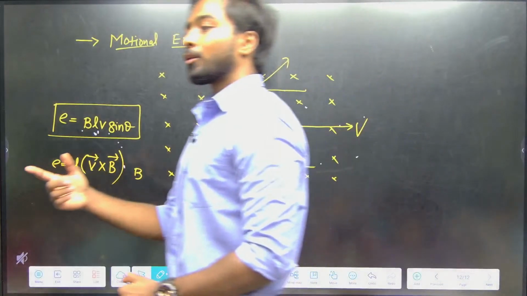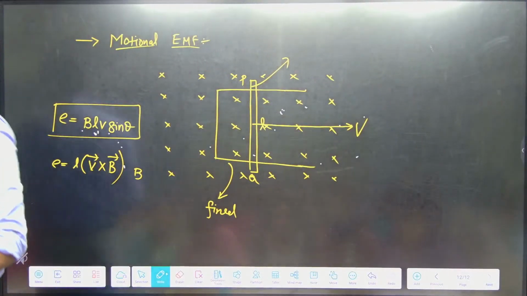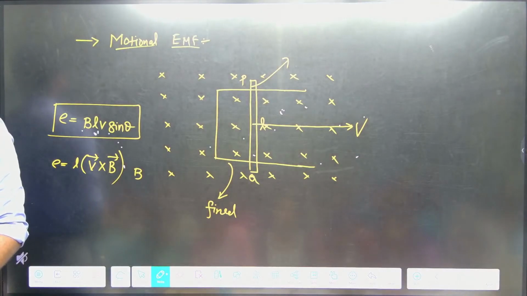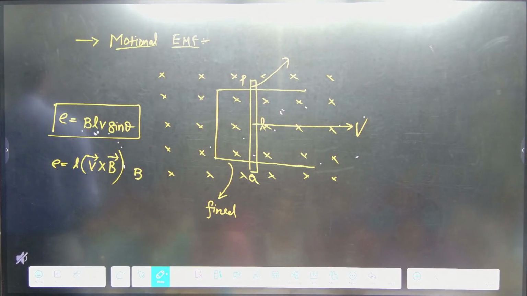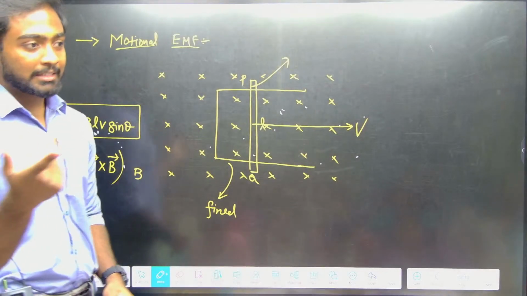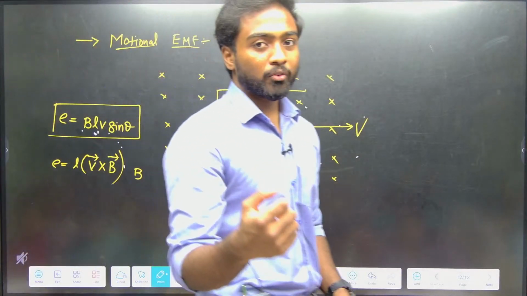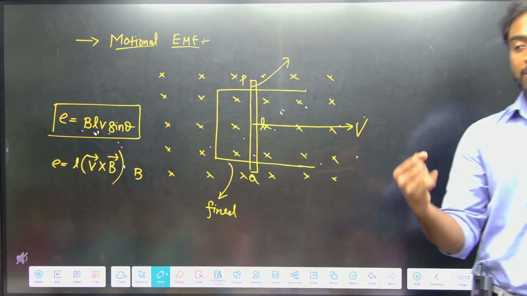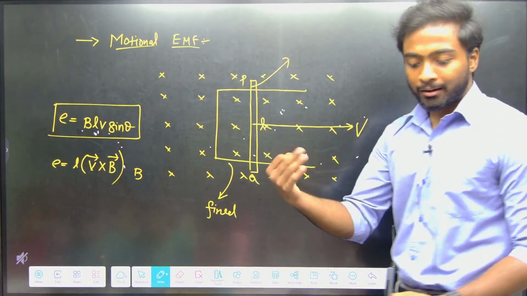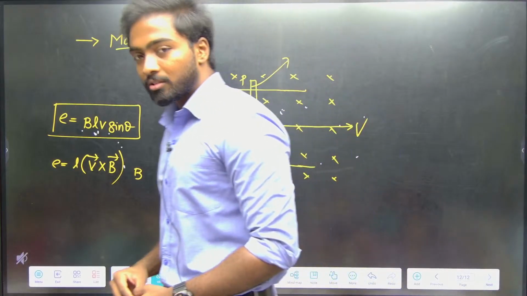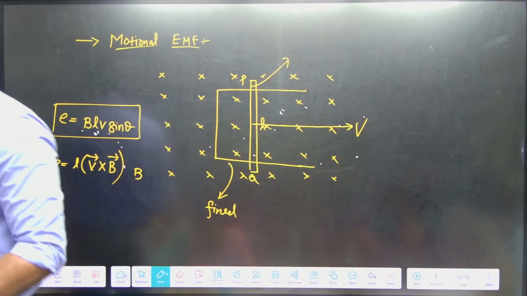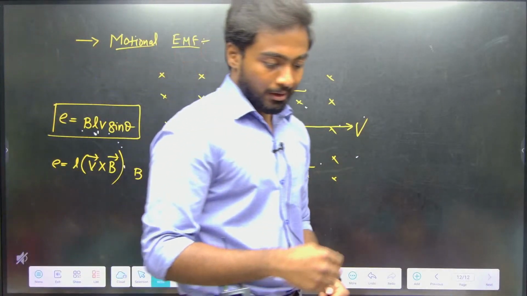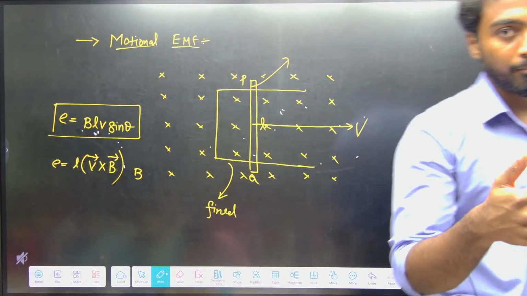What was the left hand rule? FMC. Remember, force, magnetic field and the current or charge velocity, right? Now we are using the right hand rule. Here we will use CBI. The thumb denotes the conductor's velocity.